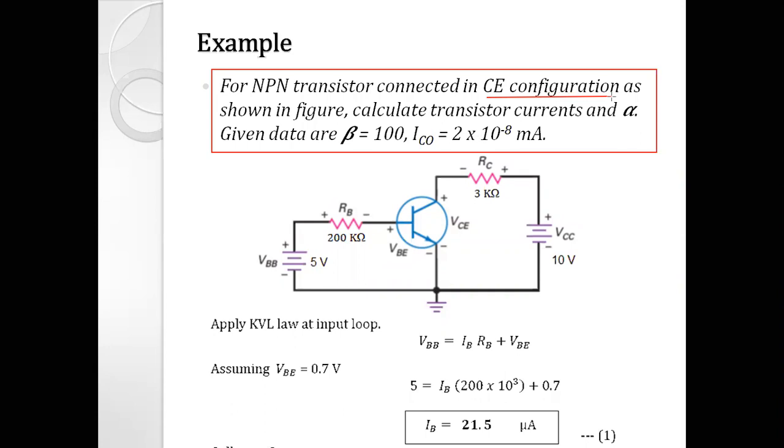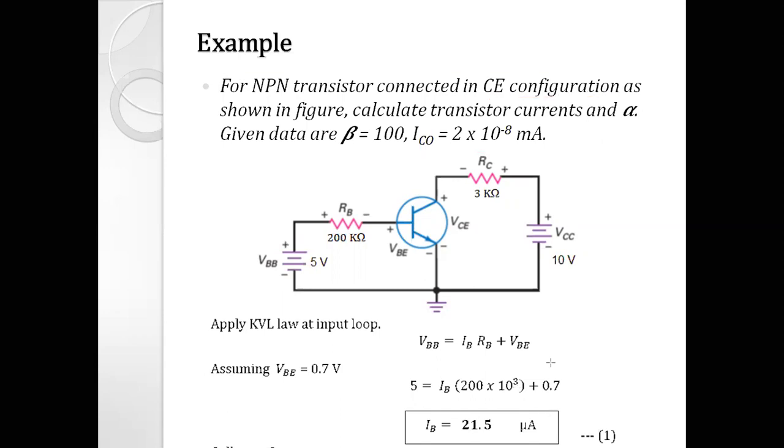So VBB is the input supply and VCC is the supply between the collector and emitter terminal, right? So all these things you should remember. But here the diagram is given as a part of the statement, so it's not a big deal for this example, right?